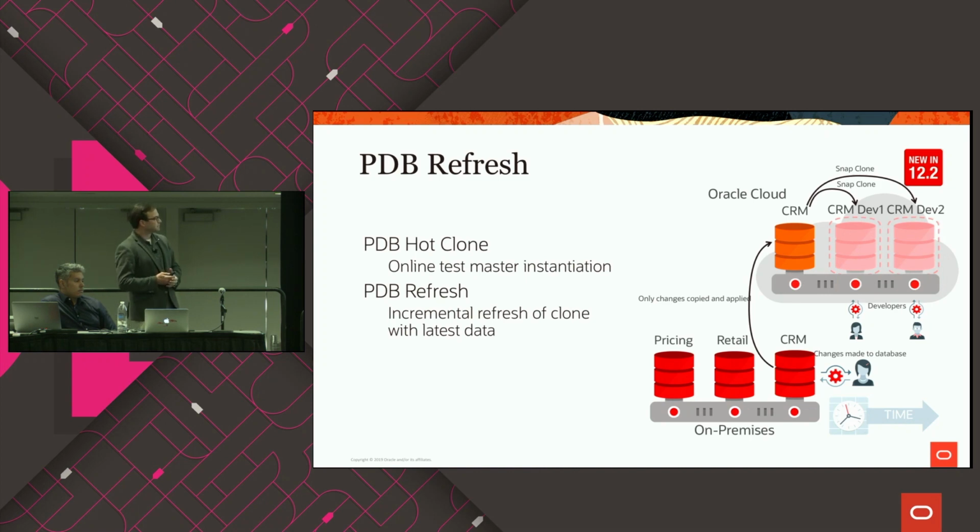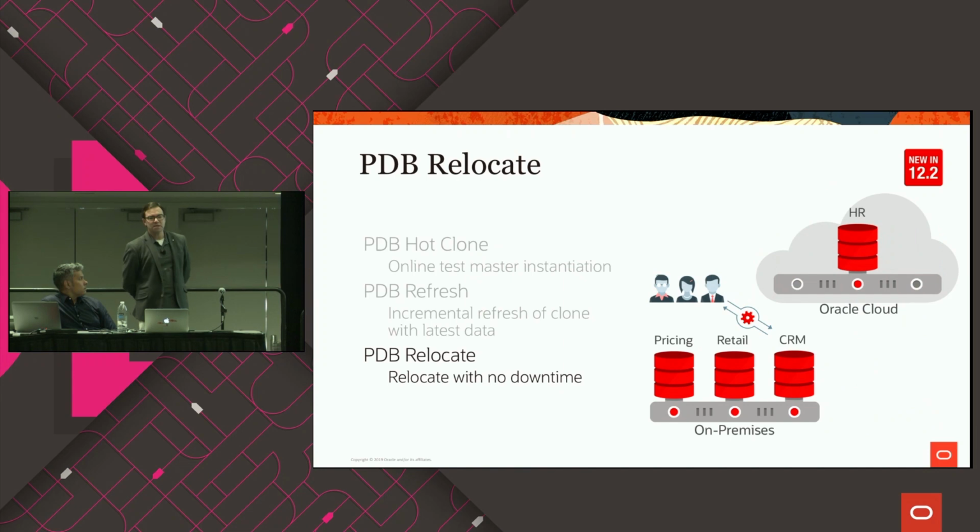it's actually very transparent to both sides. Last but not least, there could be a scenario in which you have an environment on premises or, again, in the cloud, and you want to move one of the PDBs to another CDB for logical reasons. In this assumption here, we would say we have pricing, retail, and CRM in my formerly mentioned CDB on premises.